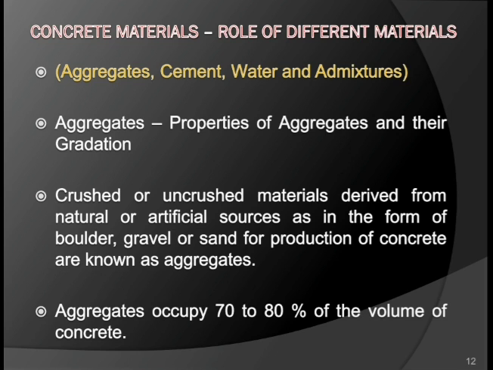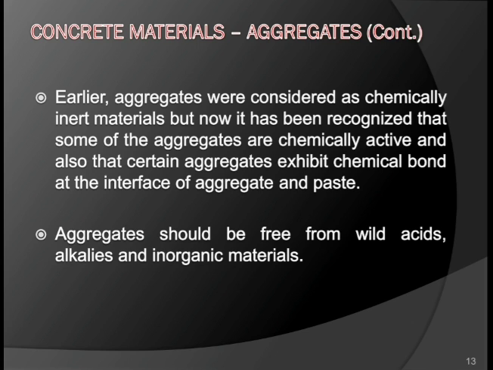Aggregates occupy 70 to 80% of the volume of concrete. So the maximum part or the main component of concrete is aggregate. Aggregates were considered chemically inert material, but now it has been recognized that some aggregates are chemically active, and that certain aggregates exhibit chemical bond at the interface of aggregate and paste.